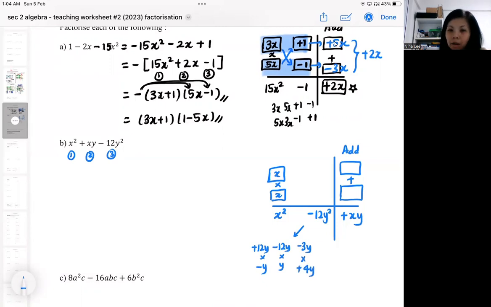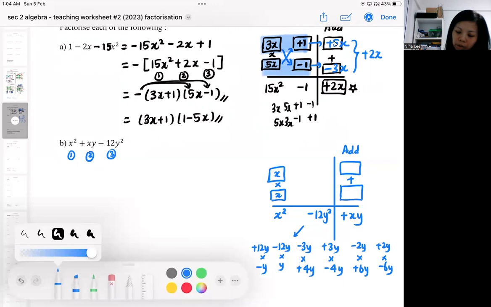Or I can have +3y times -4y. And I still can have some more. -2y times +6y. Or I can have +2y times -6y. So I got a lot of multiplication that can lead me to the -12y squared.